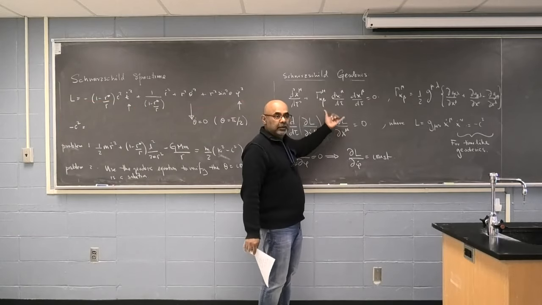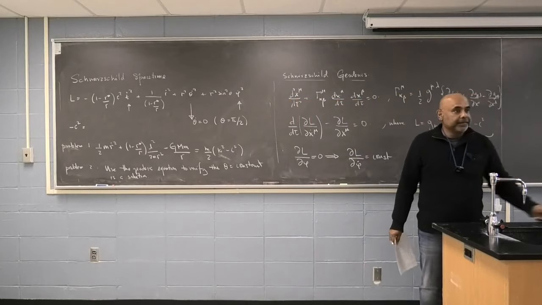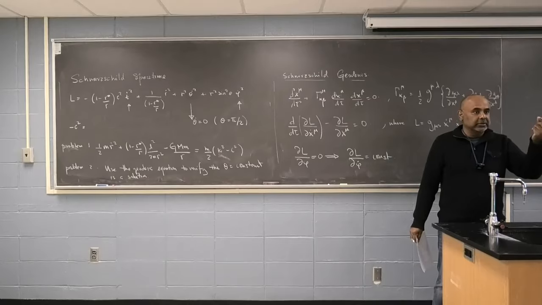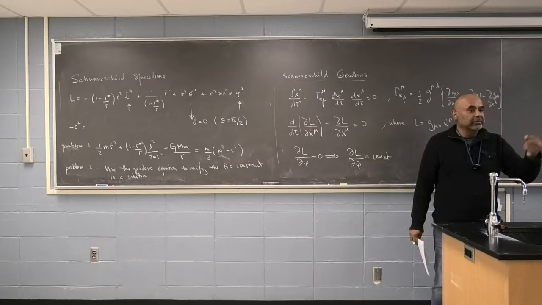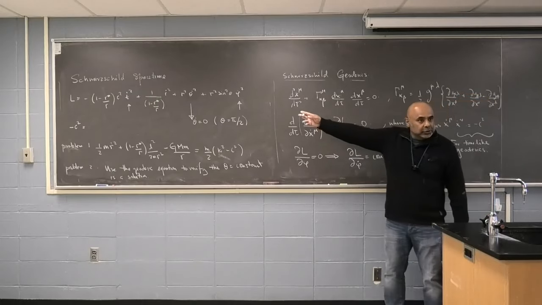If you put r equals constant, it's not going to be a solution. An object cannot just necessarily stay there at the same radius. But theta equals constant is a solution because we just assume that.